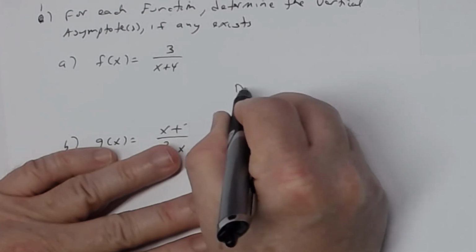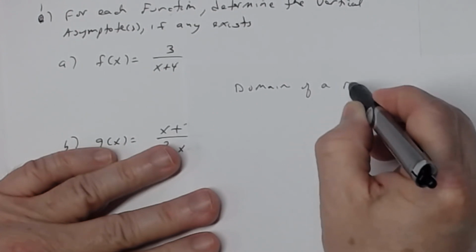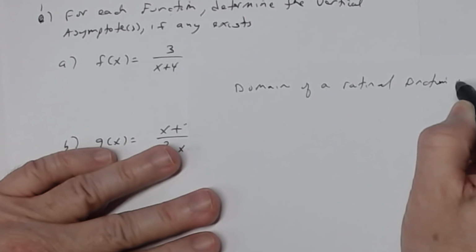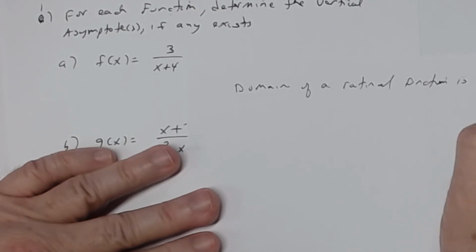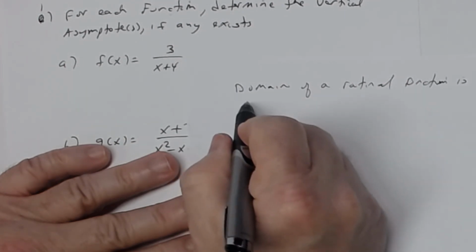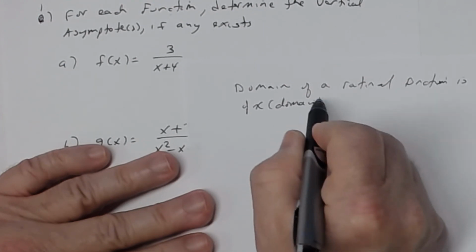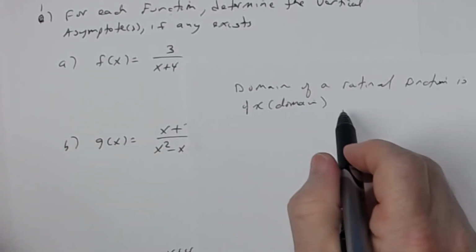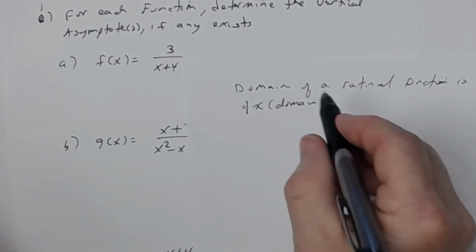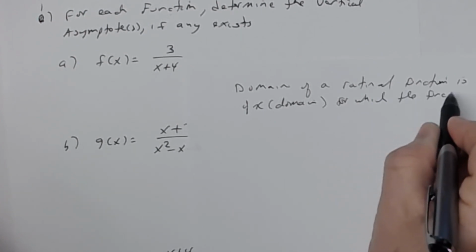All right, so the domain of a rational function is the values of x, remember, the x is the values in the domain for which the function is defined.